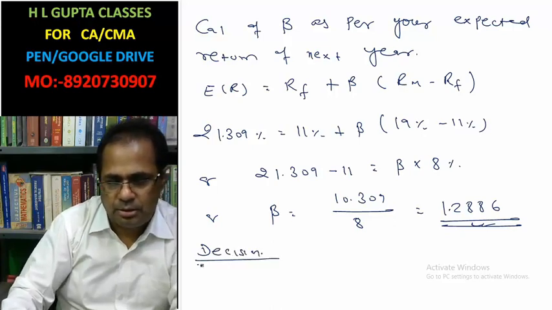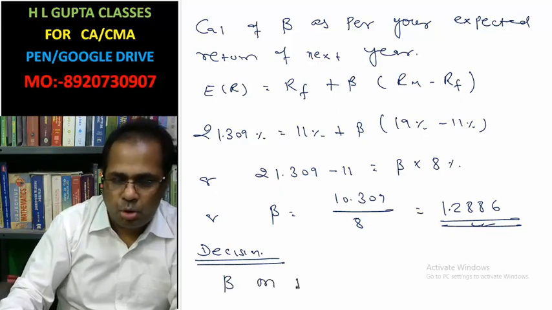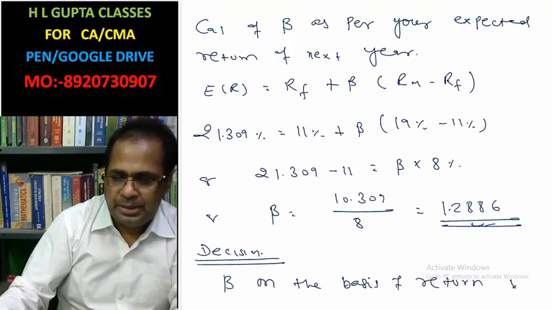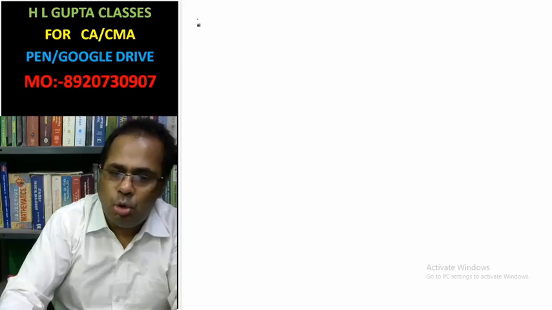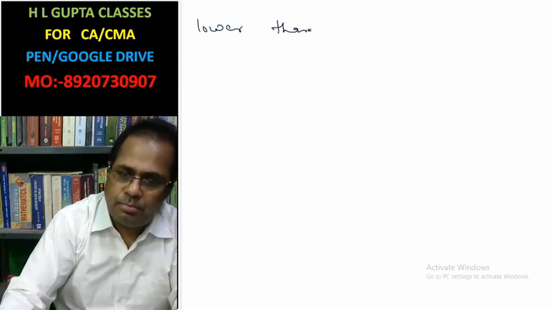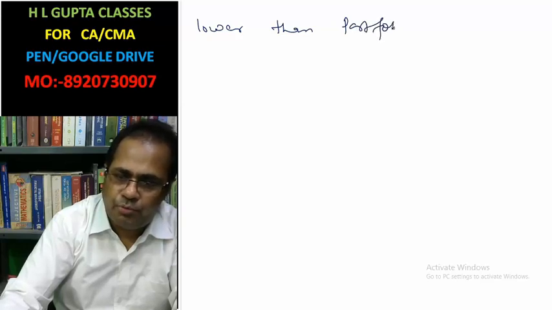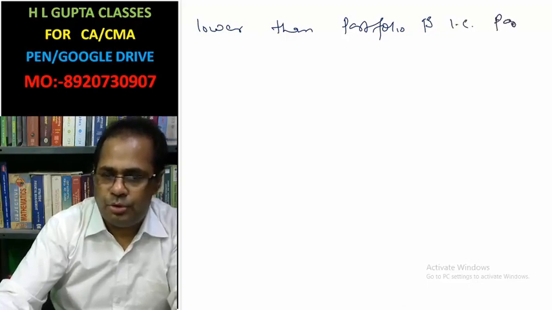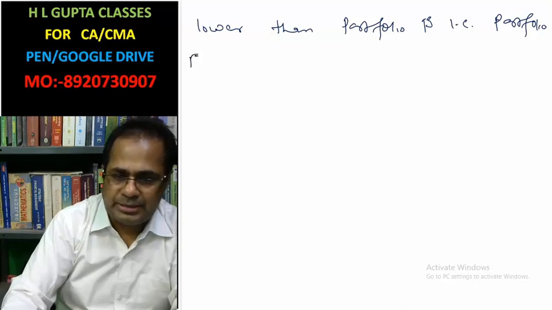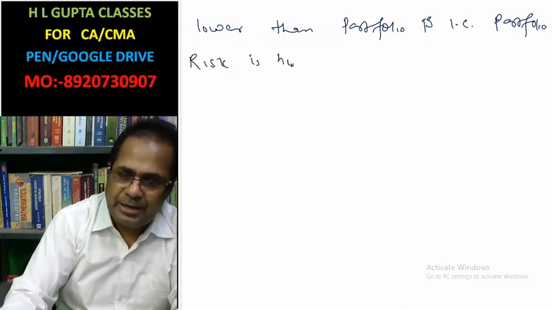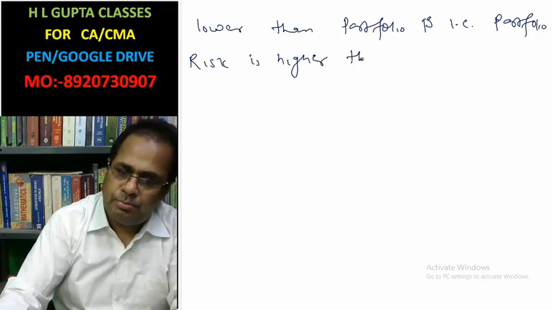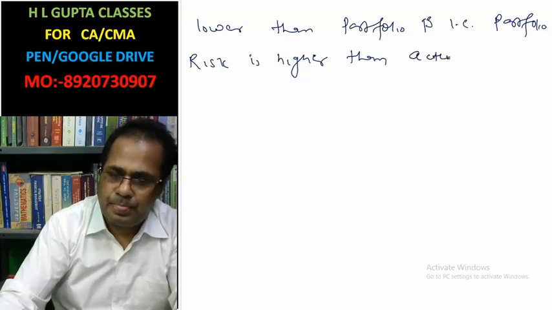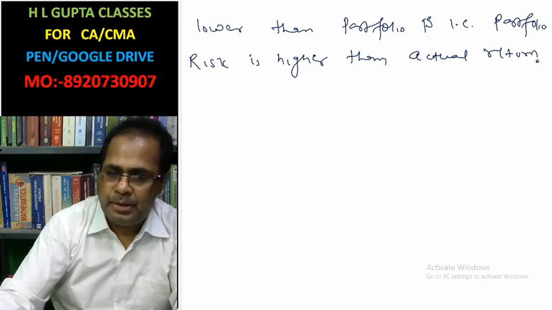Decision: beta on the basis of return is lower than portfolio beta, that is, portfolio risk is higher than actual return risk.